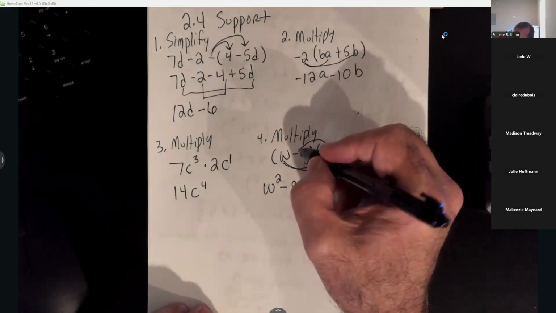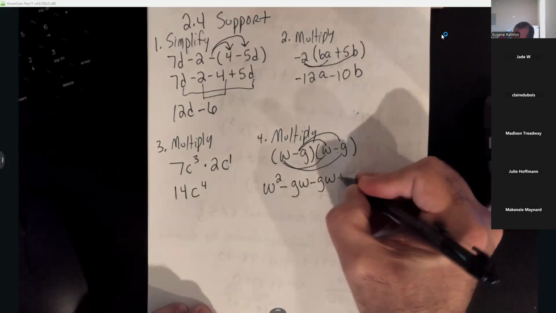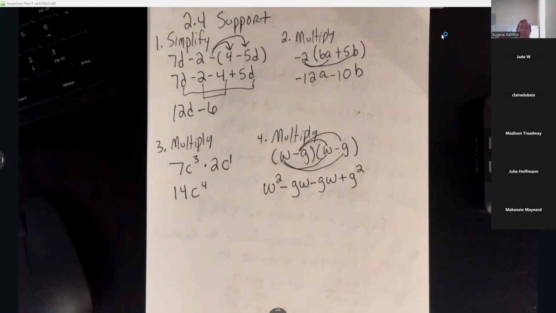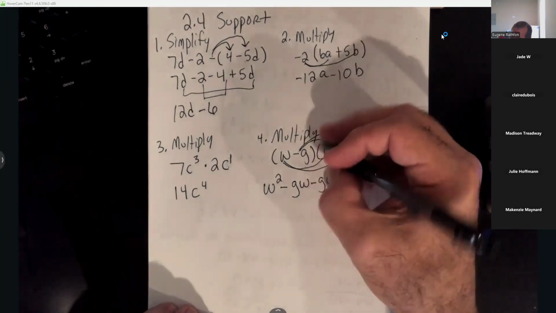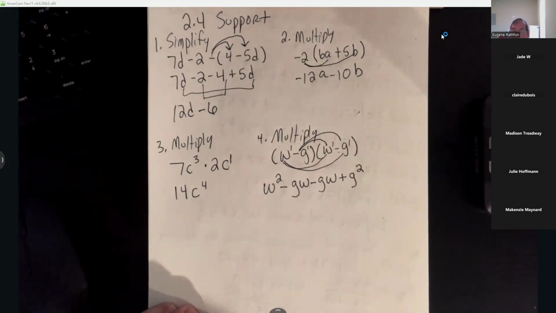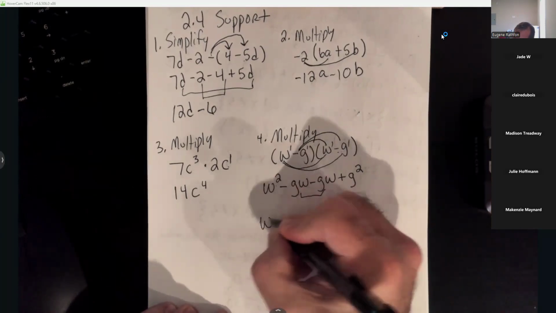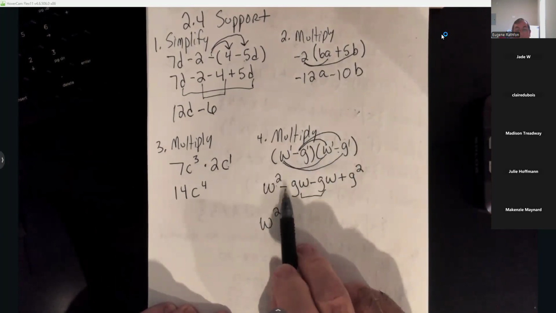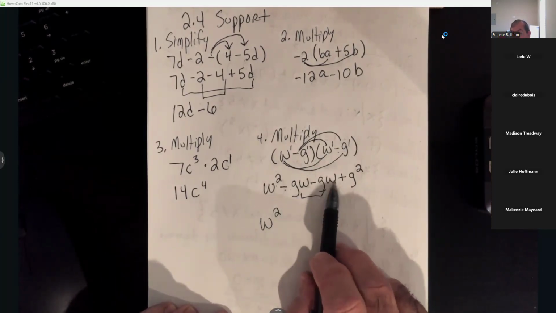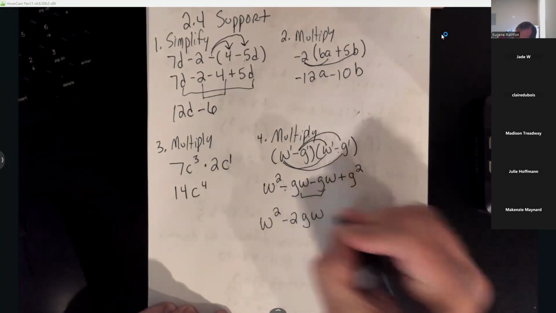Now what we got here? A negative G times a negative G is a positive G squared. Okay, so remember, all these variables have ones by them. Okay, so now you're going to add the variables in the middle. So bring down your W squared, negative 1GW, and a negative 1GW give you a negative 2GW.